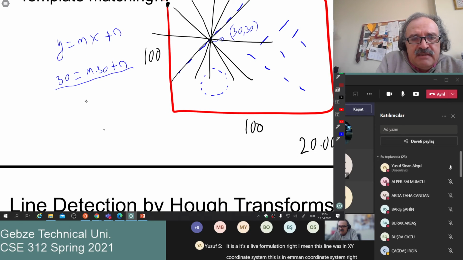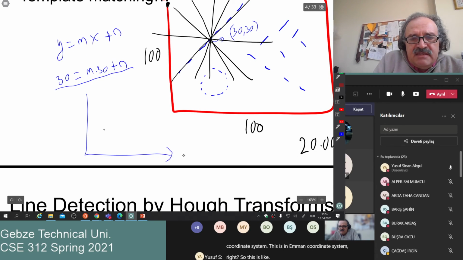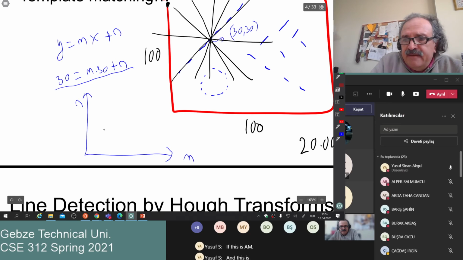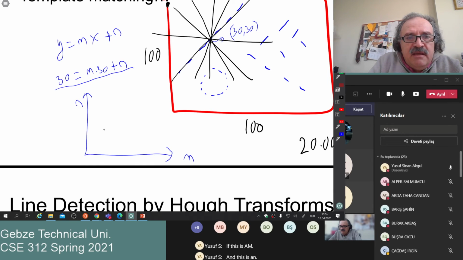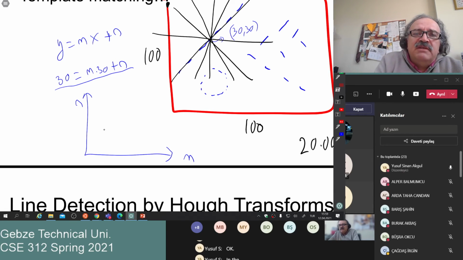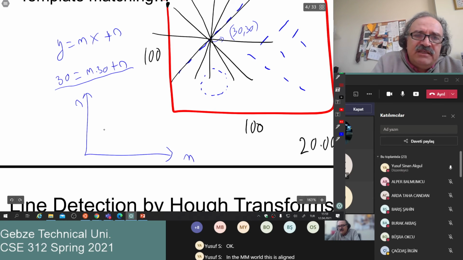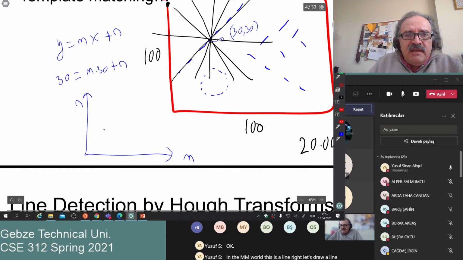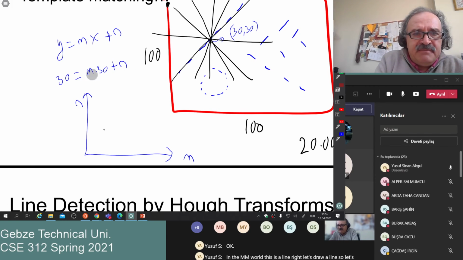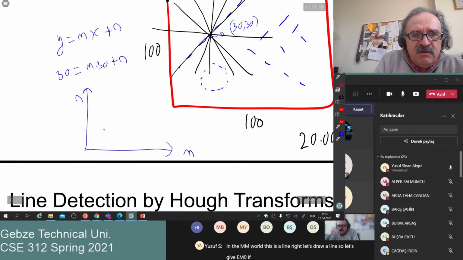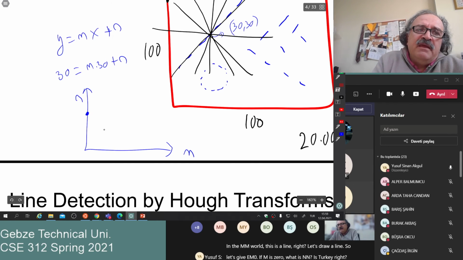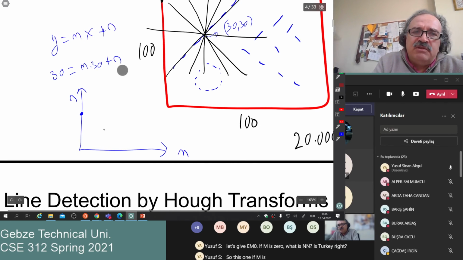So if this is M and this is N, in the MN world, this is a line, right? Let's draw a line. Let's give M 0. If M is 0, what is N? N is 30, right? So this one. If M is 0, N is 30.